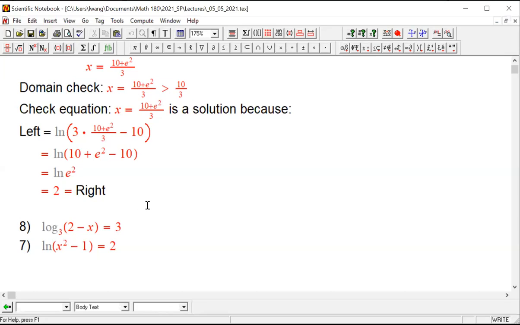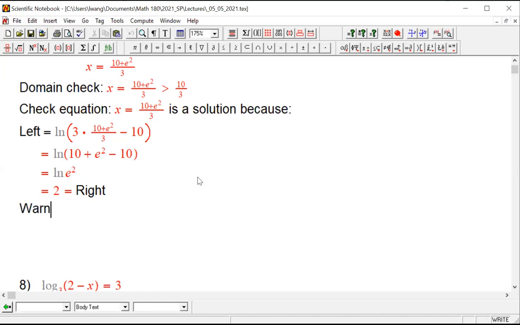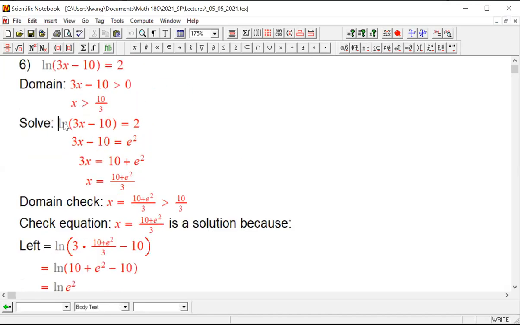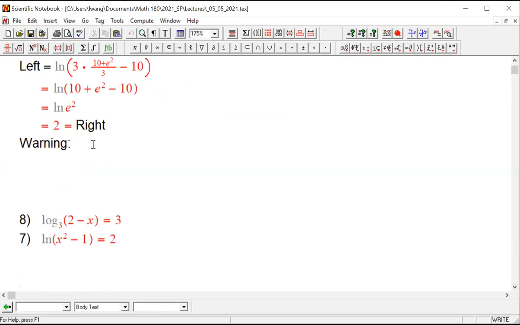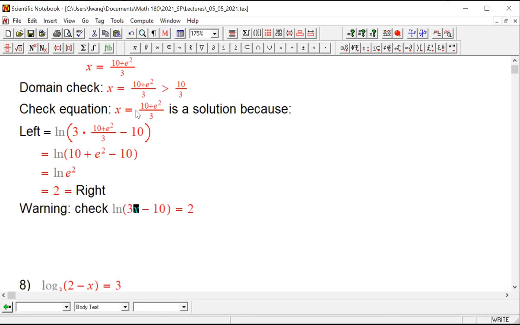But I do want to warn you before I see that mistake. I hope I don't see that mistake. Warning. Some people, when they check, they do this. They will put these numbers right here.